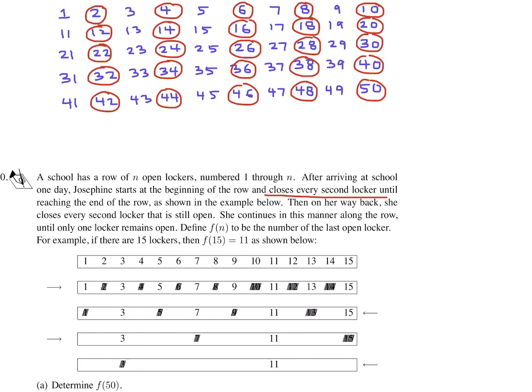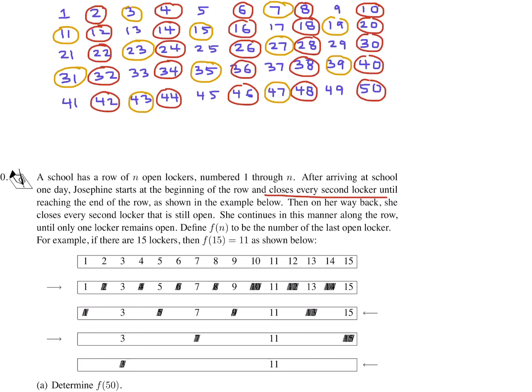Correct? So I'm going to close 47, 43, 39, 35, 31, 27, 23, 19, 15, 11, 7, and 3. Correct? No mistakes so far?